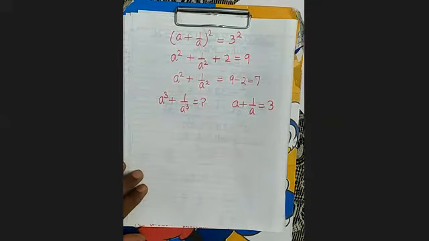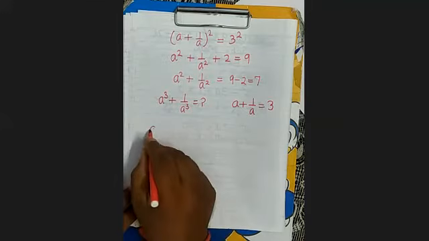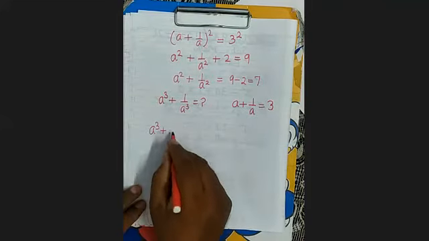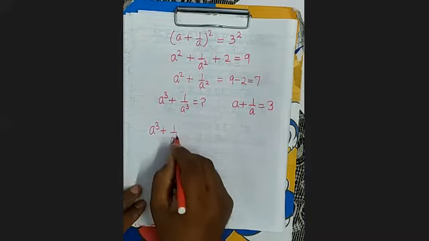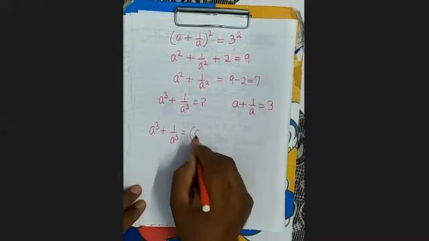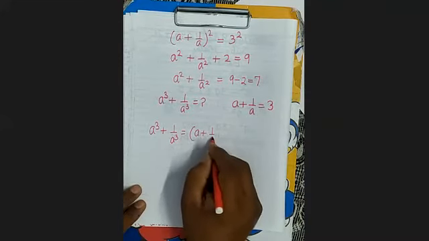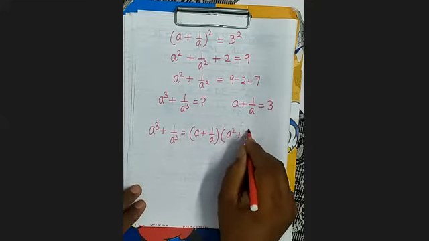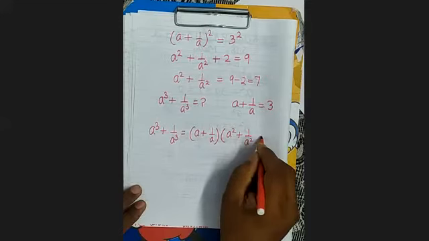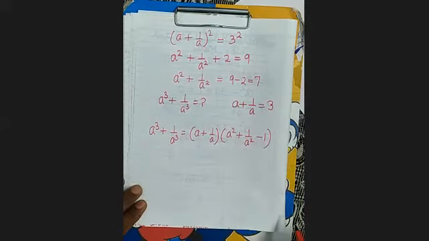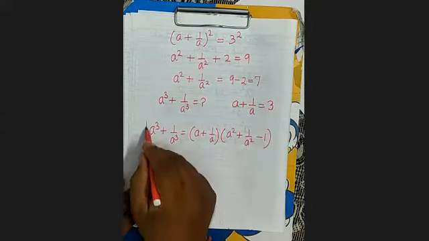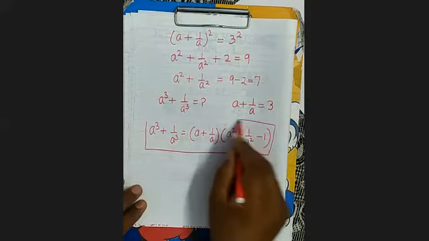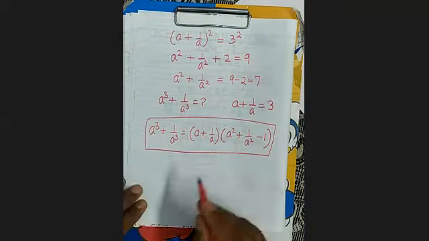Yes, sir. Here, what is the other way? You can use this formula. A plus 1 upon A in one bracket, in the other A square plus 1 upon A square minus 1. It's clear? This is also one formula, all of you remember. How have you found this?